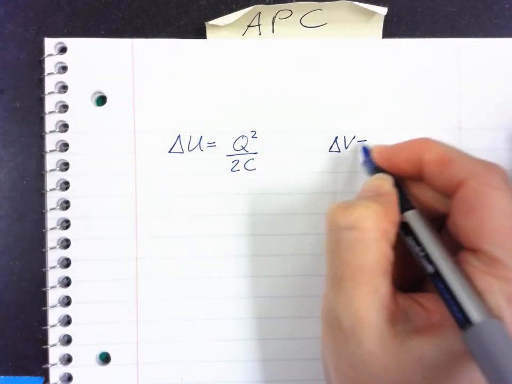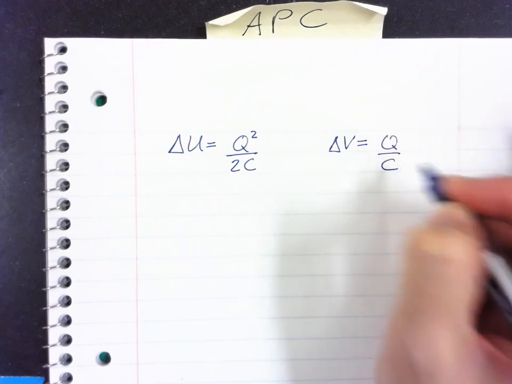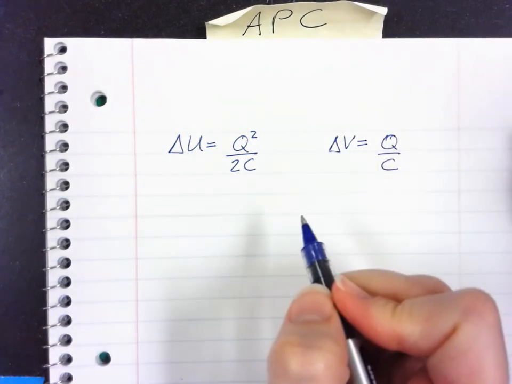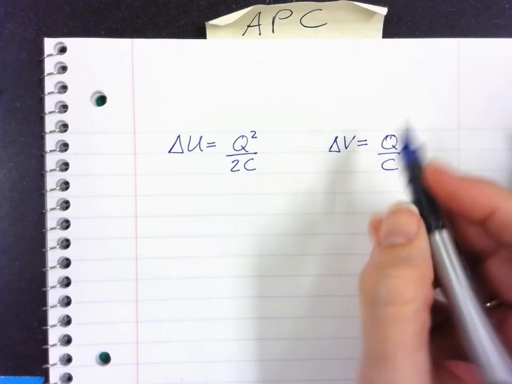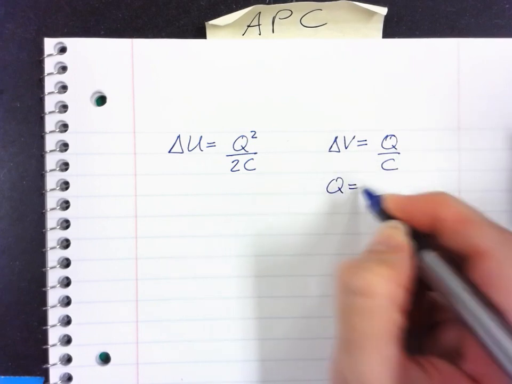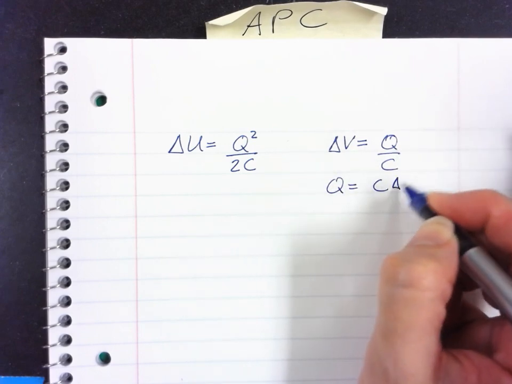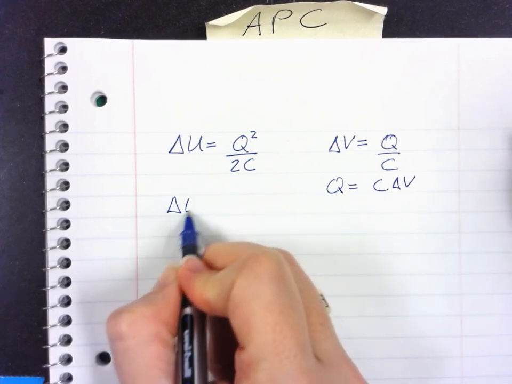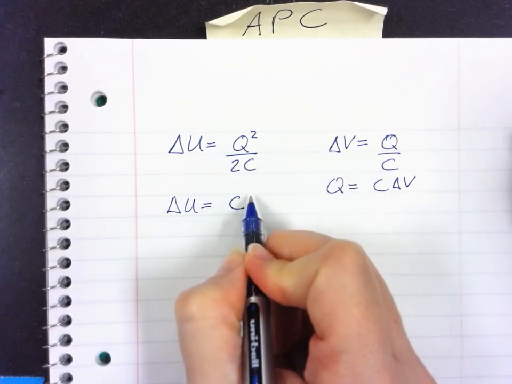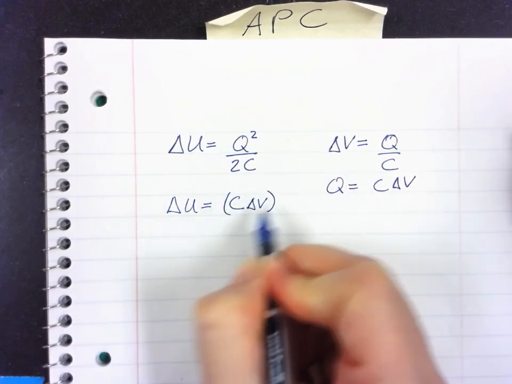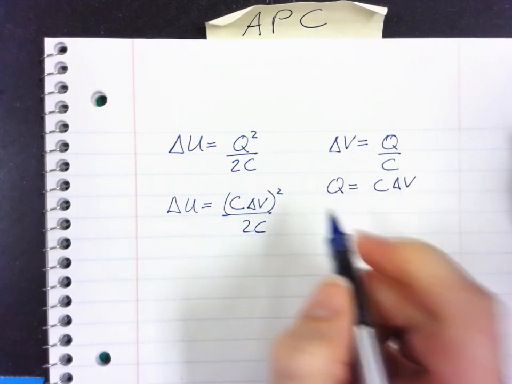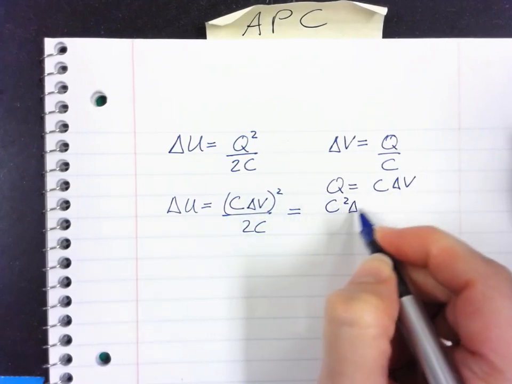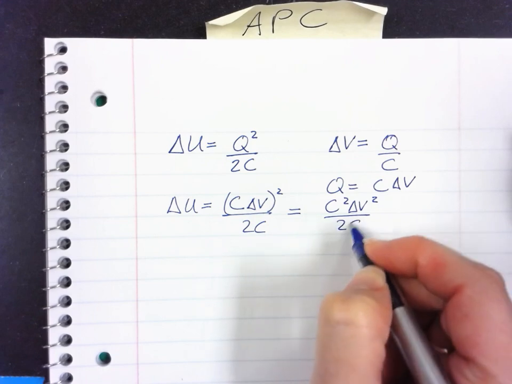Well, delta V was equal to Q over C. So if I substitute, Q is equal to C delta V. So delta U is also C delta V squared over 2C. So C squared delta V squared over 2C.